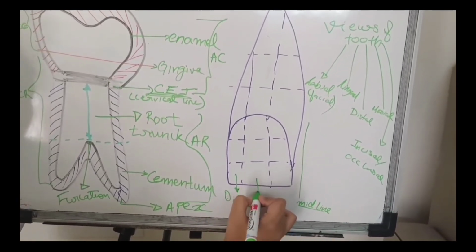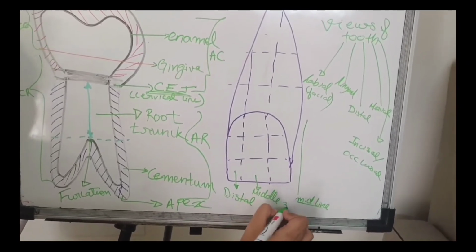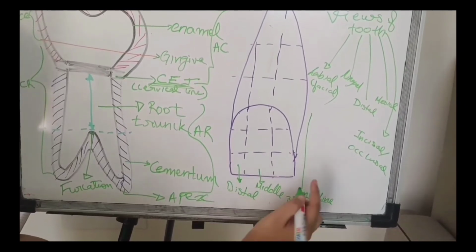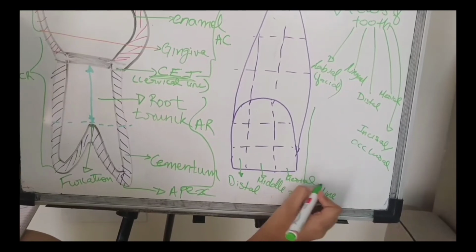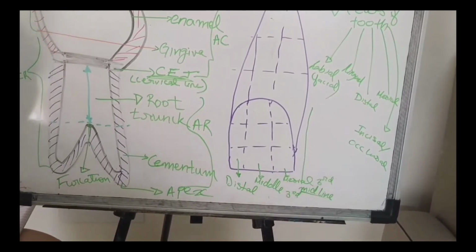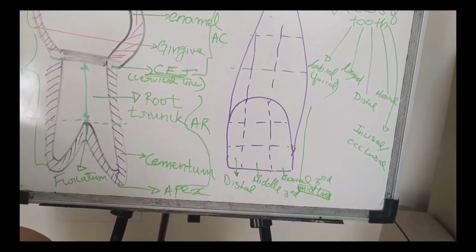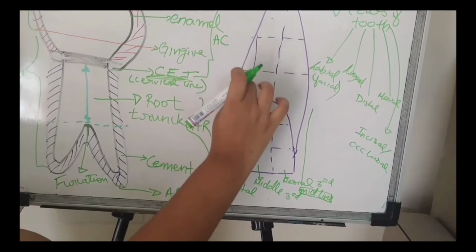This will be the distal third, then the middle third, and then the part closer to the midline will be the mesial third. Okay, distal is away from the midline. I hope this is clear.